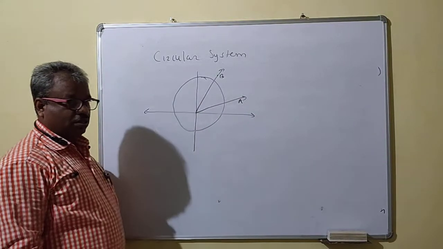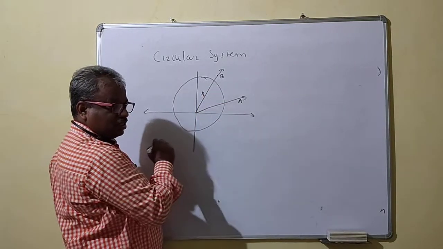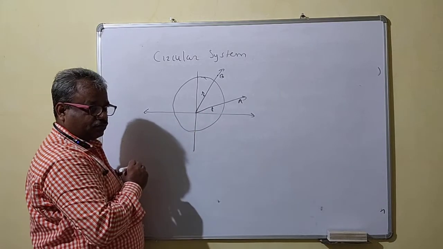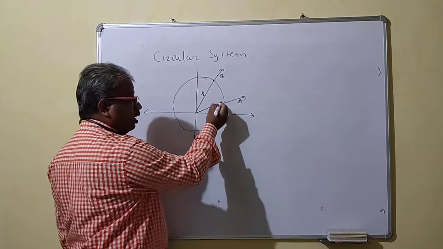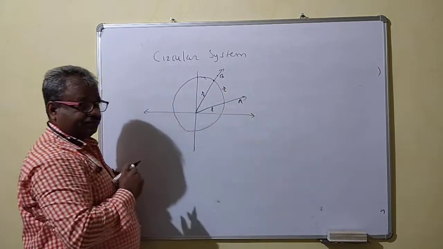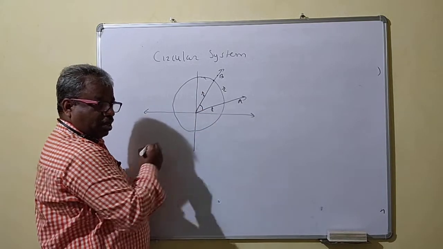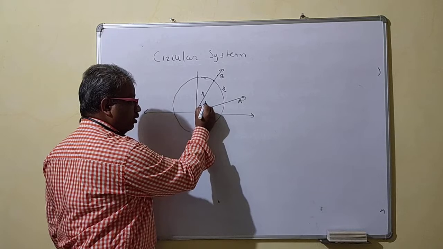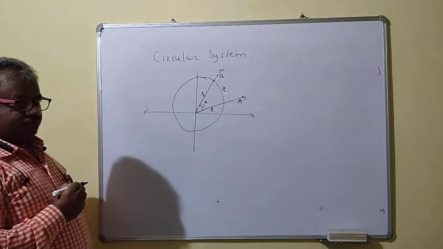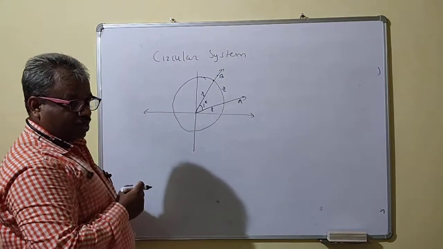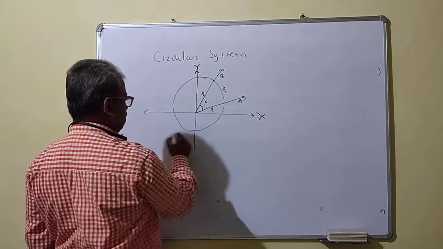This is the radius of the circle, this is R. Choose this length as R. This length is also R. Then this is the angle, and this measurement is called 1 radian. We write this as 1 radian.